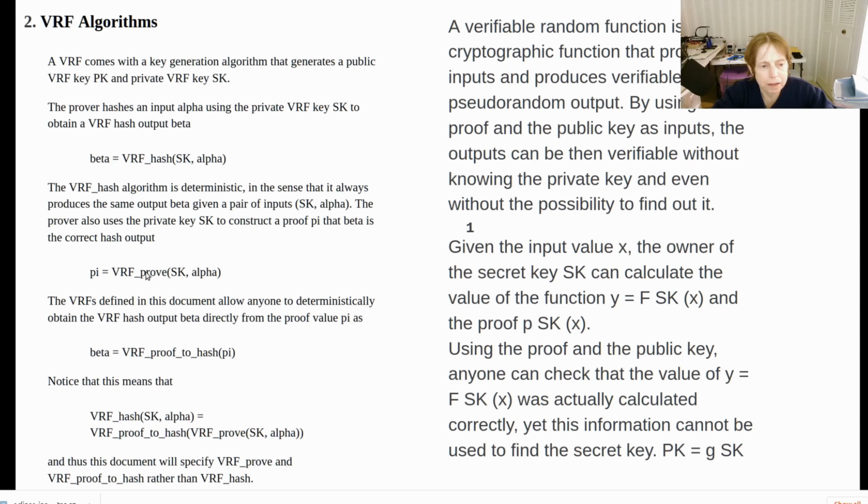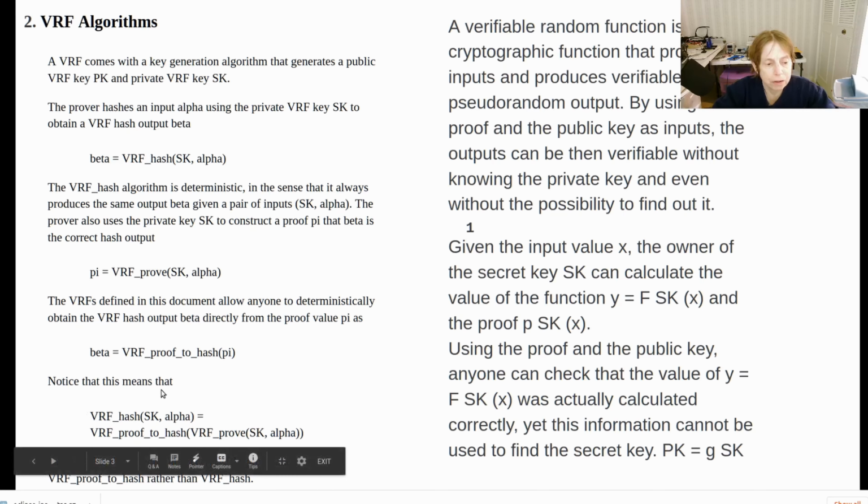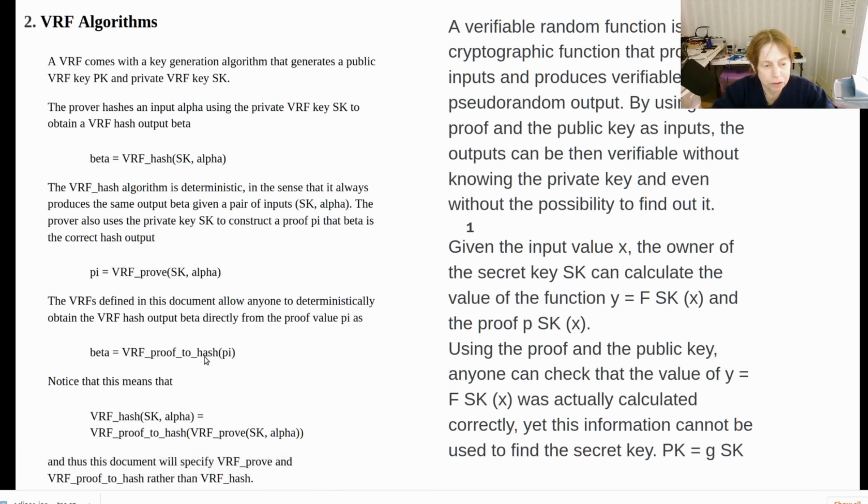But remember, it's a random value with a proof. So they have a proof algorithm. They take, again, the secret key and the value, and they get P or pi, which is your proof. Now, to prove it, remember you're going to verify that beta was in fact produced correctly. You have another function, here it's called VRF Proof To Hash.